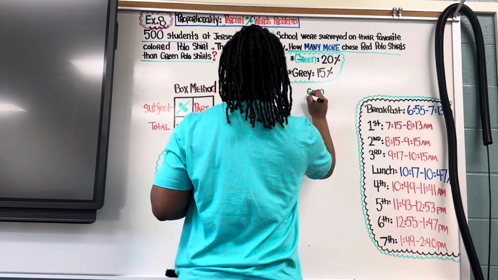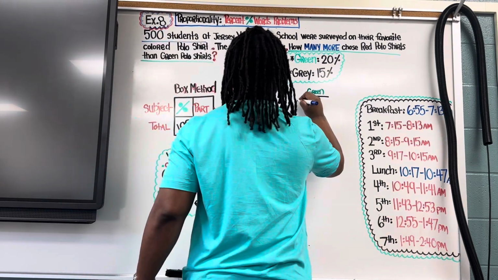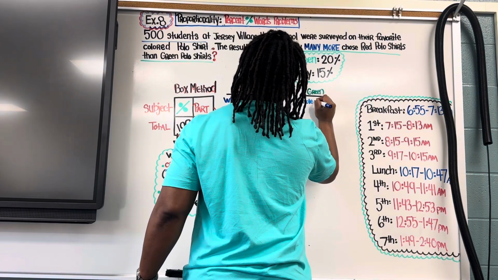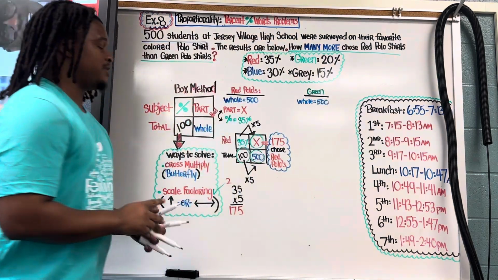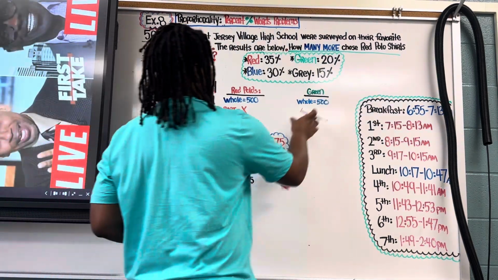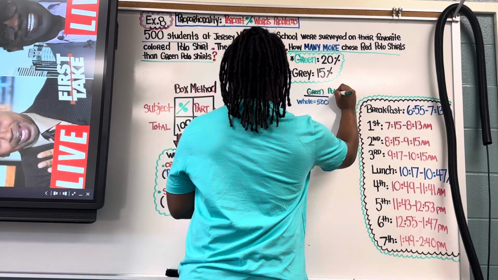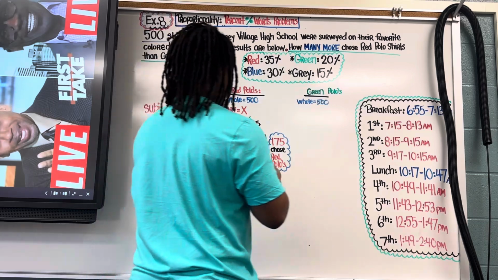Okay? So once again, guys, the whole is 500 because there were 500 total students that participated in the survey. But remember, guys, because this is representing the green polos, the part in the percent is gonna represent the students that chose the green polos, okay?